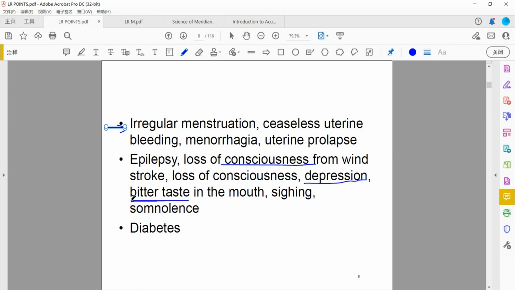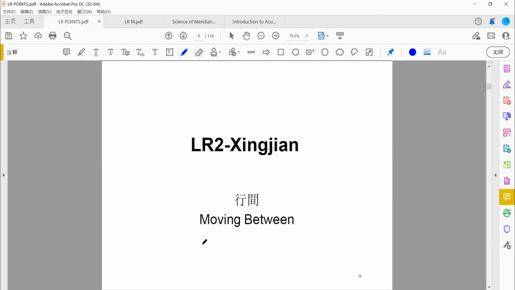If there's a bitter taste, that means there's excessive heat. Sighing: if there's liver depression, the patient will always sigh. Somnolence, which means it disturbs the heart and mind. And it's good for diabetes. If there's deficient heat, we can still use this one. Okay, liver 2.